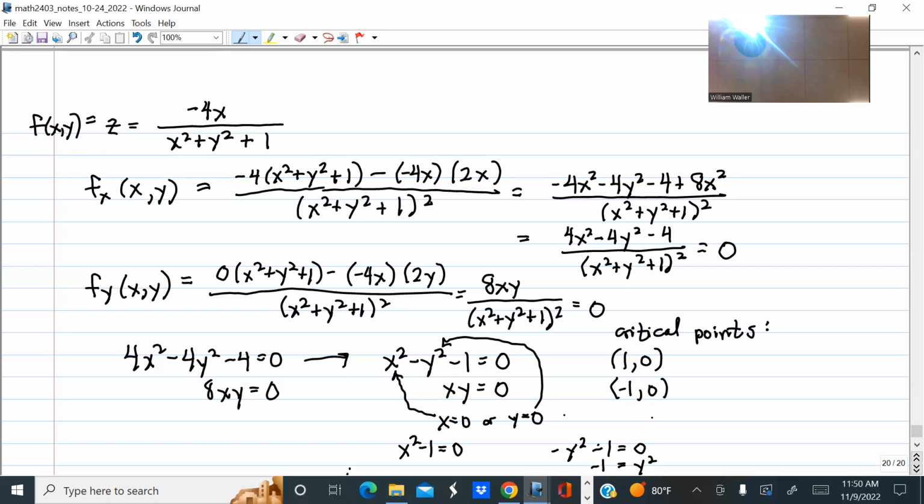So maybe those are a minimum. Maybe those are a maximum, right? And if we did not have a graph, what would then be our next strategy here? I don't know.